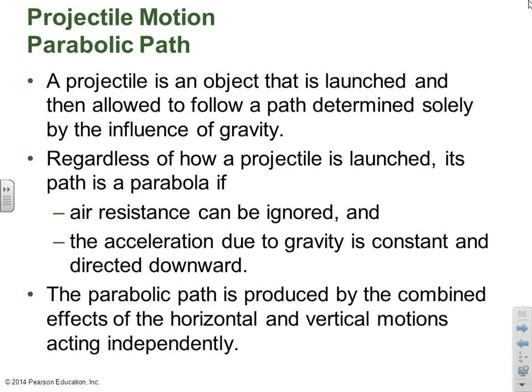Right? So the main point here is that when we're talking about a projectile, gravity is still the only thing affecting its motion, regardless of the fact that it's now also moving horizontally. And the combined effect of those two gives us this curved path, or this parabolic path.